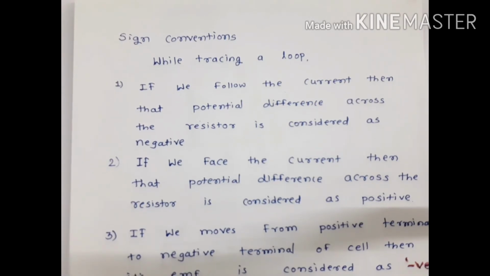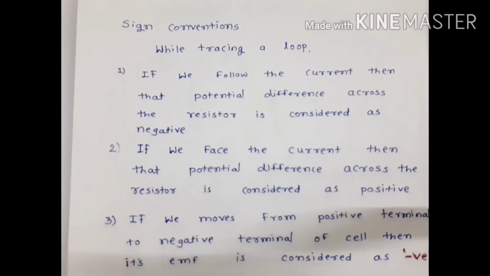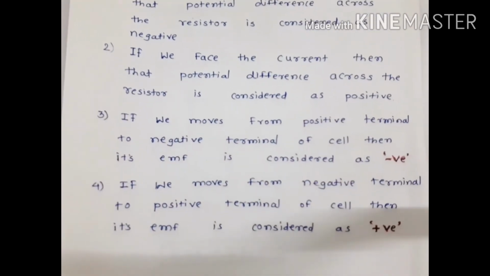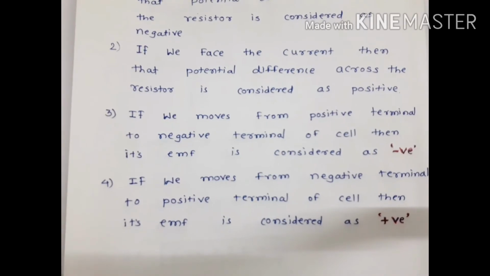Now the third and fourth sign conventions are related to EMFs. While tracing a closed loop, if we move from the positive terminal to the negative terminal of a cell, then its EMF is considered negative.